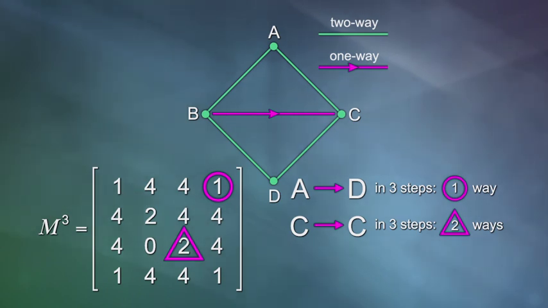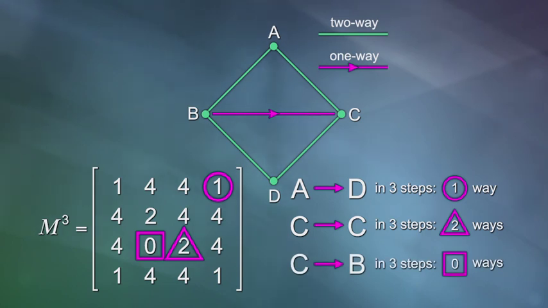One path goes over the top, C to A to B to C, and the other goes through the bottom, C to D to B to C. Now look at the 0 in the third row, second column. This says there are no 3-step paths from C to B. And indeed, if you look at the network, there are some 2-step paths and some 4-step paths, but there are no 3-step paths.